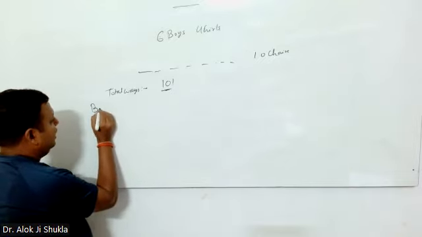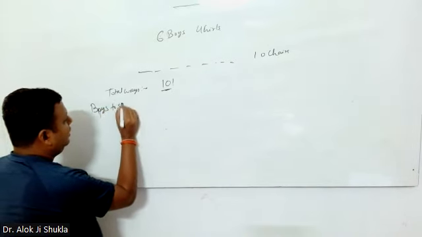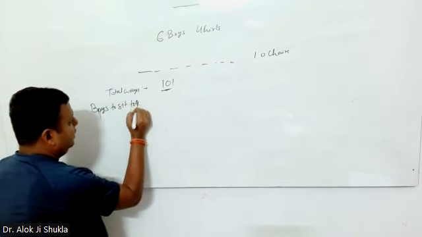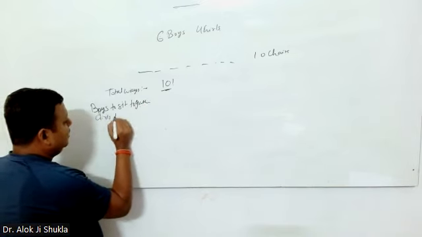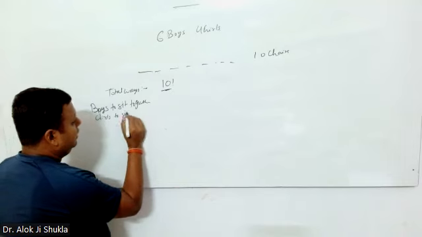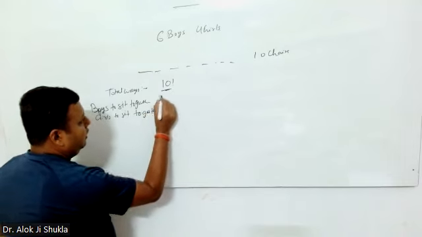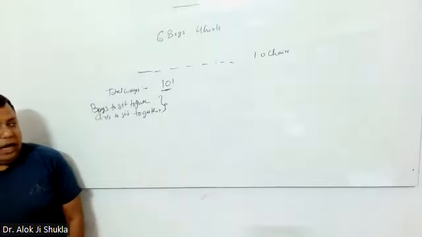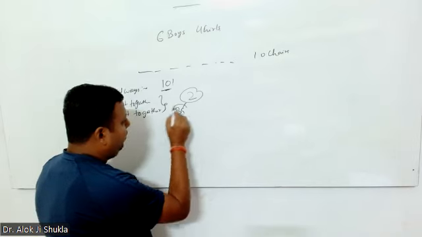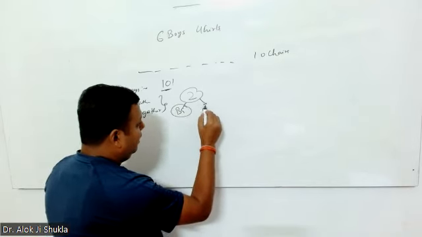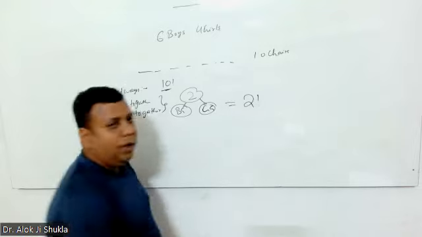I want boys to sit together and girls to sit together. Now, in this case, what is happening? I have two objects, a boy group and a girl group, which can be arranged in 2 factorial ways.